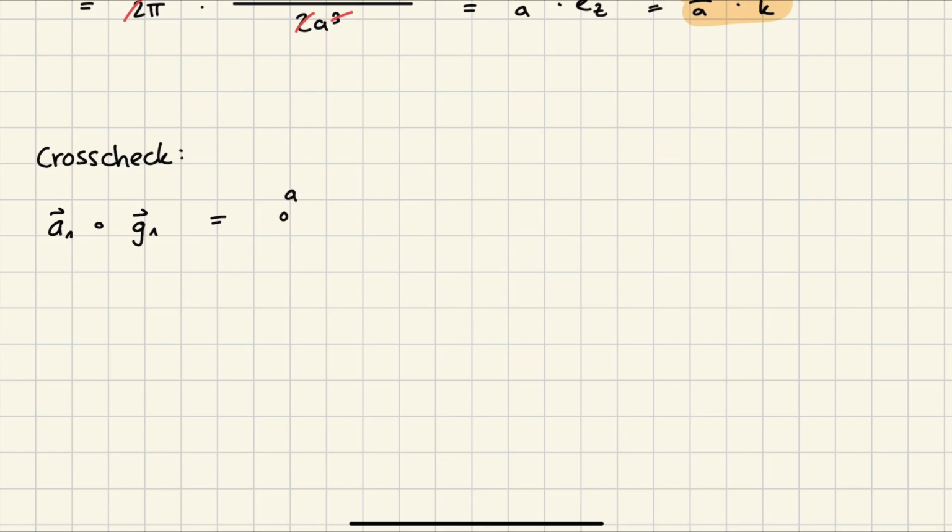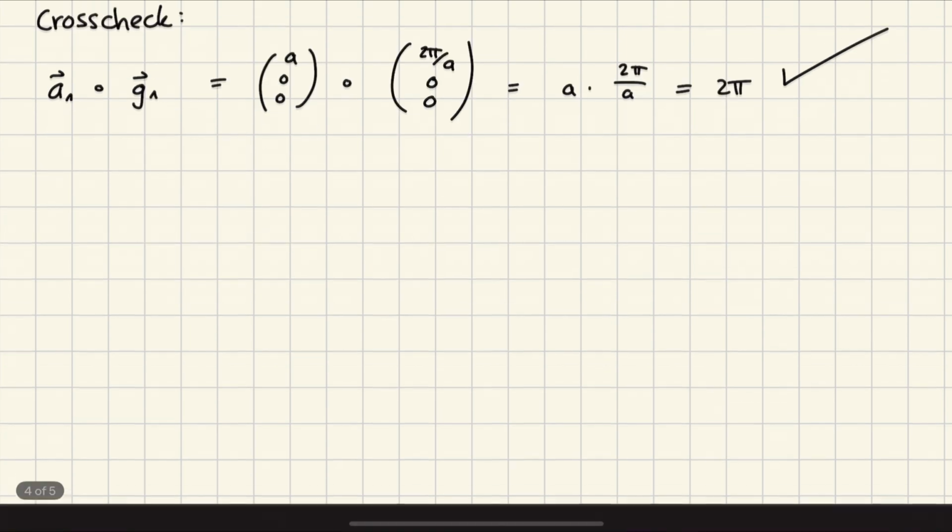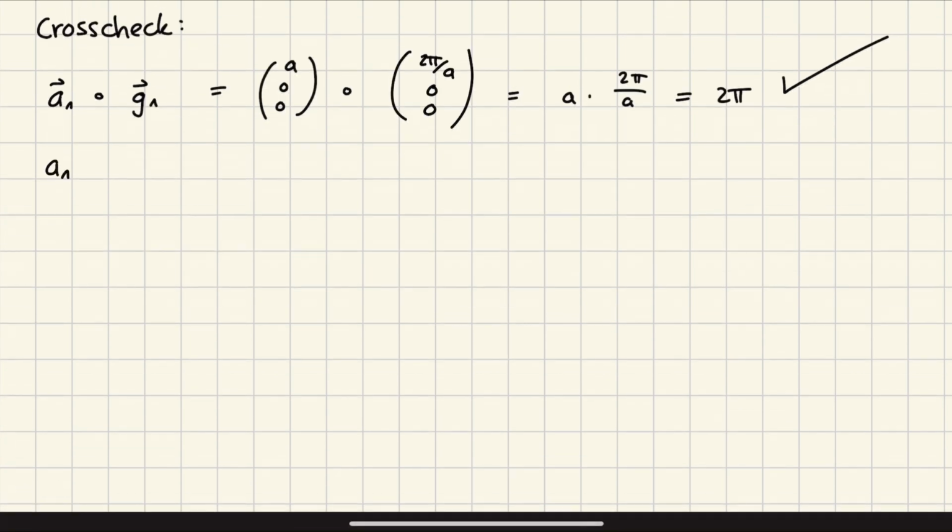a1 is (a, 0, 0), and g1 is (2π over a, 0, 0). The lower two components are 0 anyway. We can ignore those for the dot product. So we're left with a times 2π over a. The a's cancel. We're left with 2π, which is exactly what we expected. Just to be absolutely certain, let's try one with different indices as well. Let's multiply, for instance, a1 with g2.